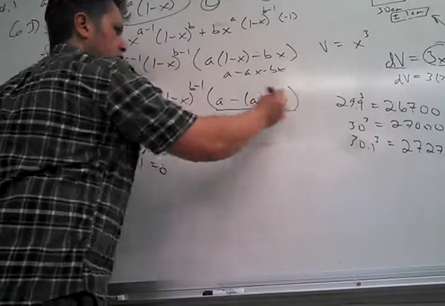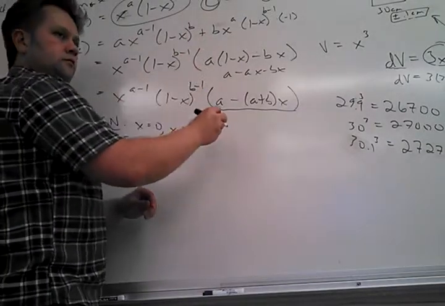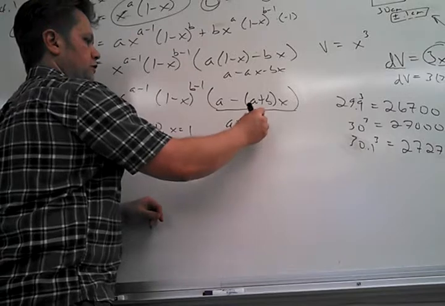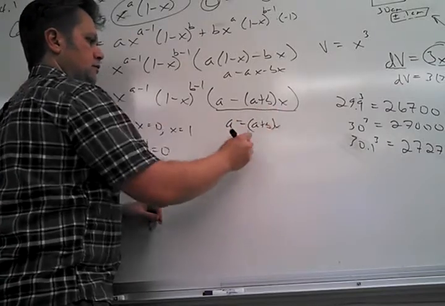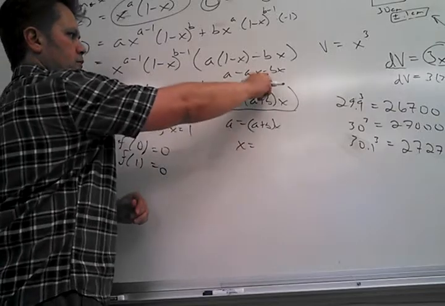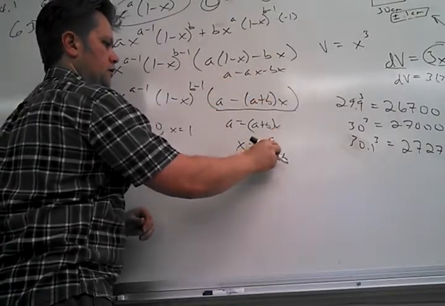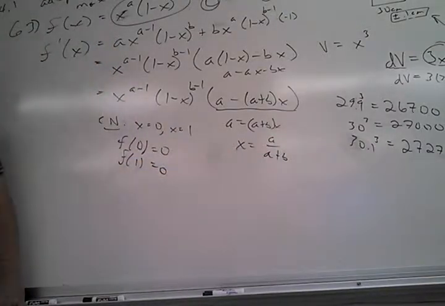Because you can't forget this poor little dude. Be careful. It'd be a equals (a plus b) x, right? Would it be a minus b? Nope. Take a negative out. So it's a over a plus b.